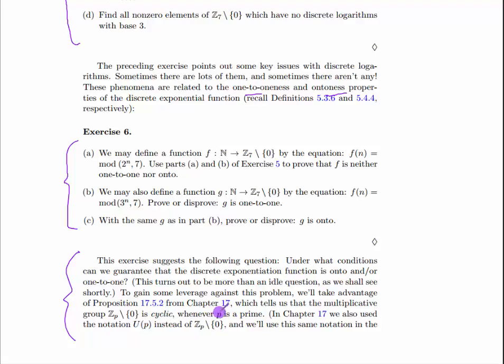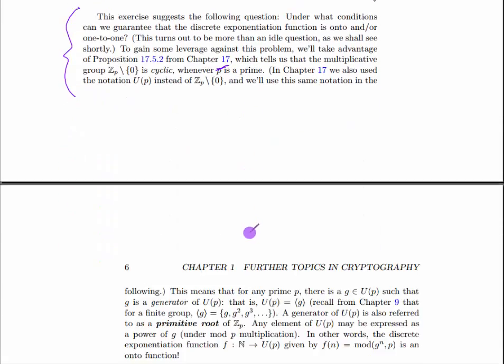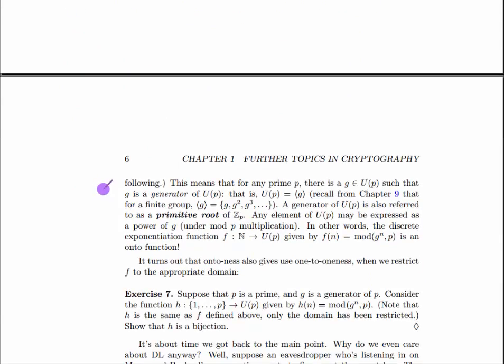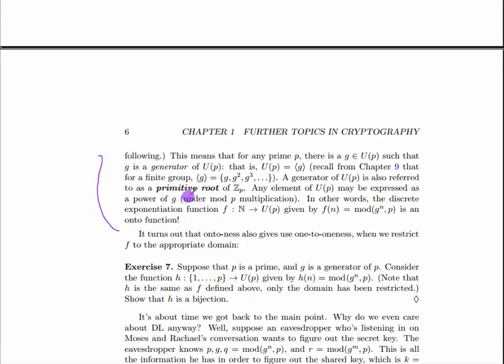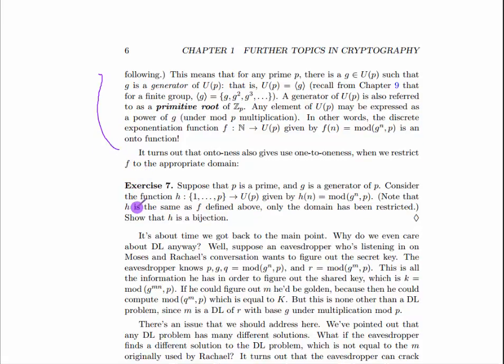It relies on some material from chapter 17, which if you haven't had yet, is a little bit involved. So we'll pass by this for now. But what this says is that in some cases, you can guarantee that this discrete exponentiation function is a bijection, and in that case you can find a unique discrete logarithm that gets you a unique inverse value. Okay? Now, even if you have a case where there's a single discrete logarithm with a discrete value, it's difficult to compute.